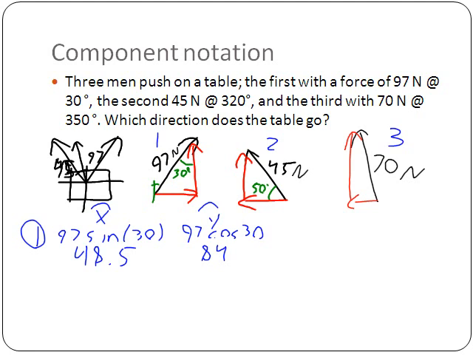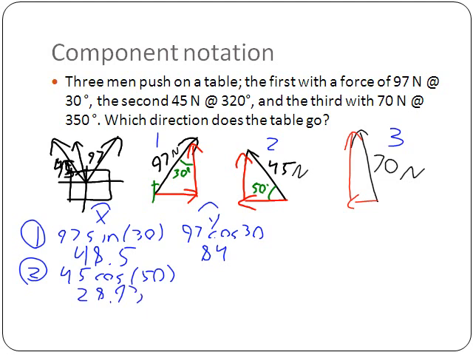So let's look at our second one here. The x component is going to be the adjacent, and so that's going to be cosine. And so we have 45 cosine of 50 degrees. We plug it in once again, 45 cosine of 50, and we get 28.93.